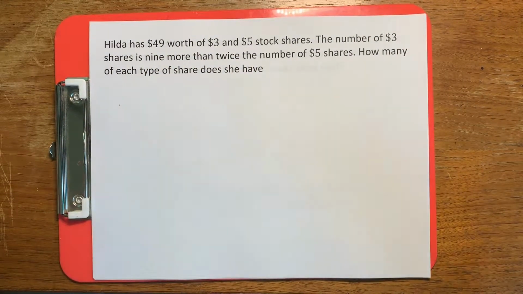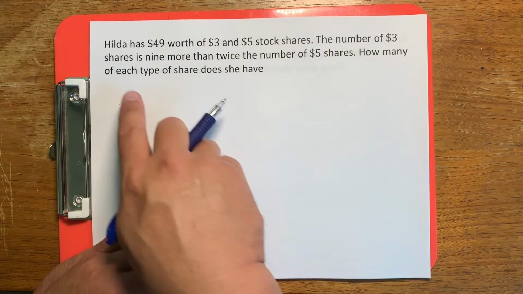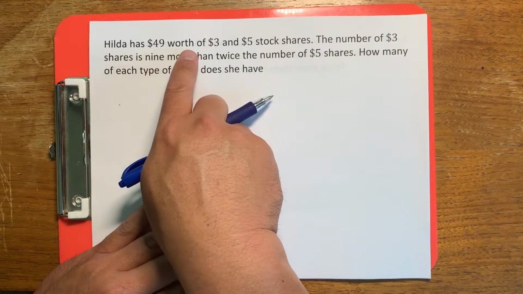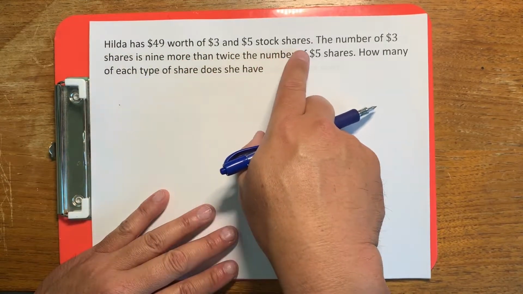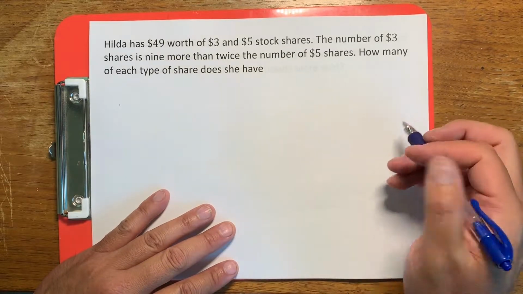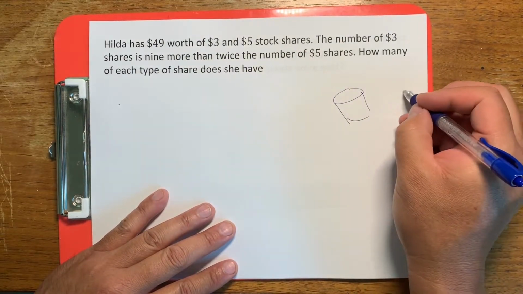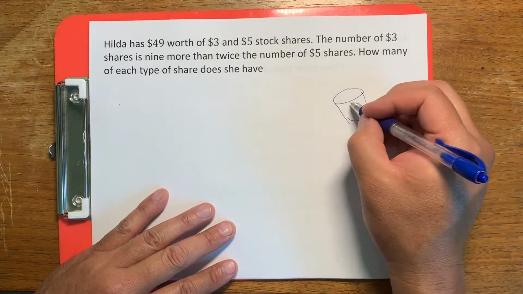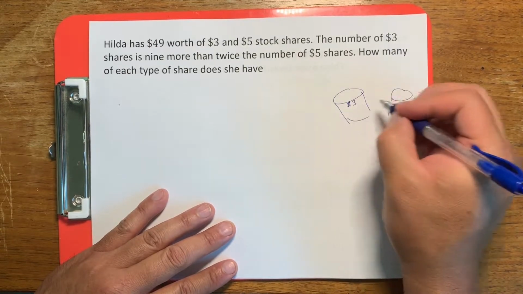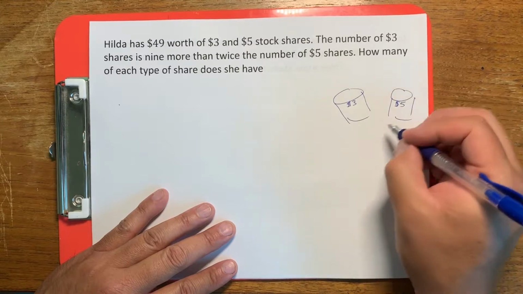Whenever we're combining 2 different things, we're going to use this format. So let's relook at this again. Hilda has $49 worth of $3 and $5 stock shares. So we know already that we're mixing something that costs $3 and something that costs $5.